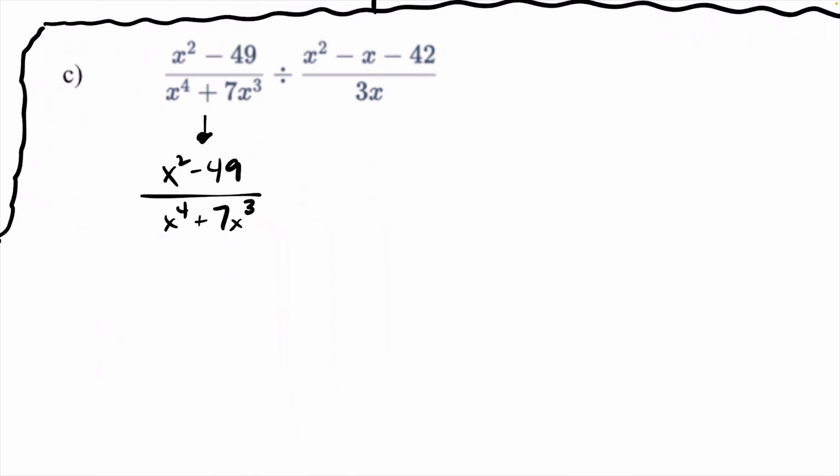What do you think we're going to change? Dividing to, what's the opposite? Multiplication, right? Change that to multiplication. Flip. Flip the only thing that's left, the second fraction. Flip it so that 3x is on top and the trinomial is on bottom.